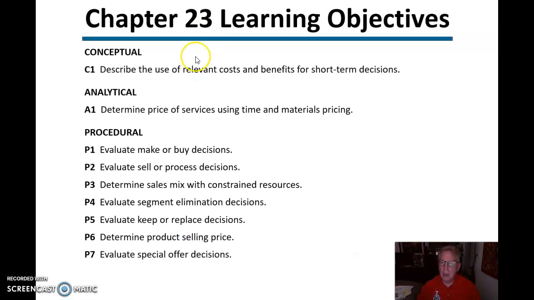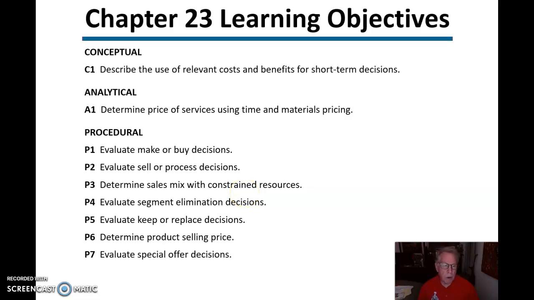And we'll describe how we use this for short-term decisions and determine the price of services using time and material pricing. And then we'll look at how we do make and buy decisions, which we have all the time in the real business world, and evaluate the sell or process decisions.